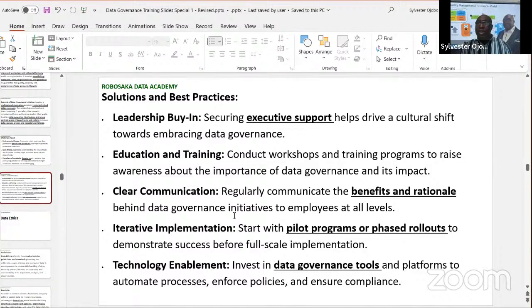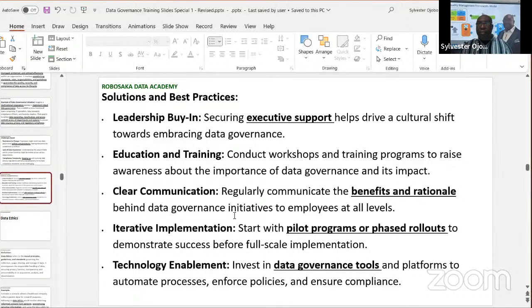Regularly communicate the benefits and rationale behind your program initiatives to employees at all levels, so that there will not be risk and compliance issues, and there will be data protection, yielding a very good result.